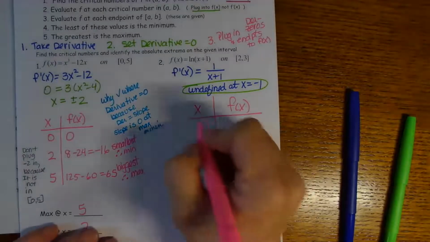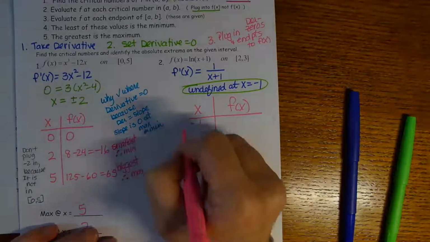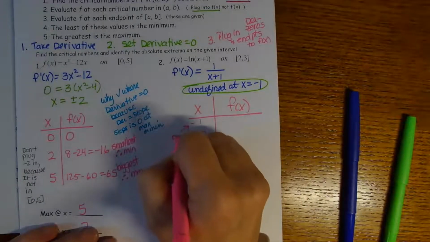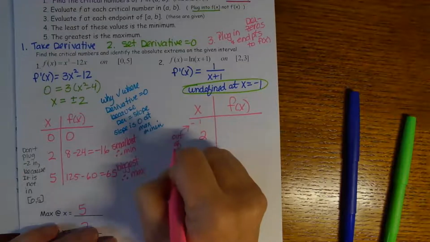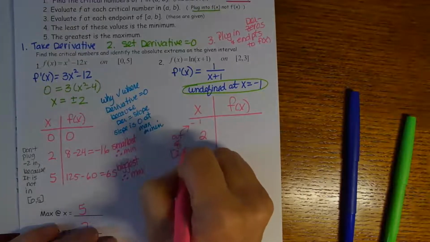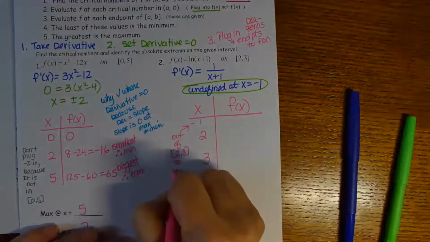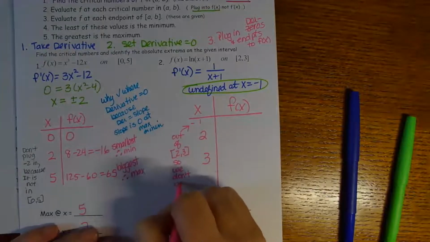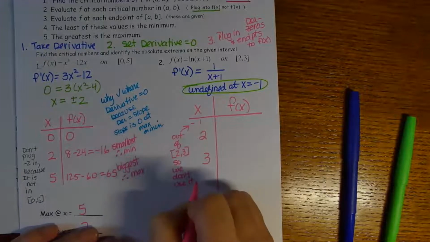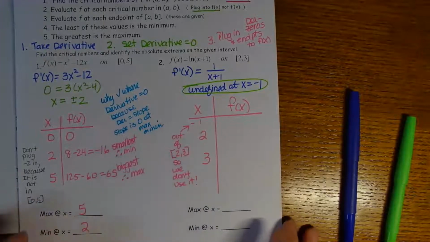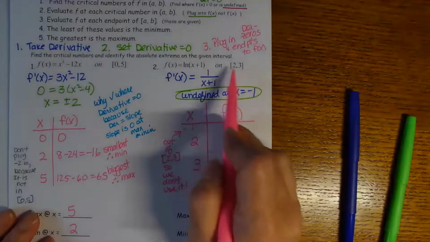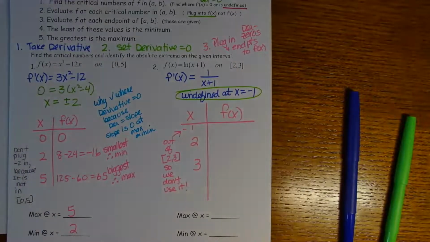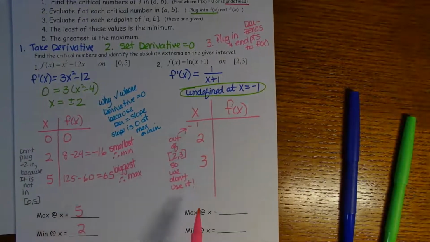No. -1 is out, so we don't need it. We do not use it. Remember, extreme value theorem is giving you a specific place to look. -1's out of there.